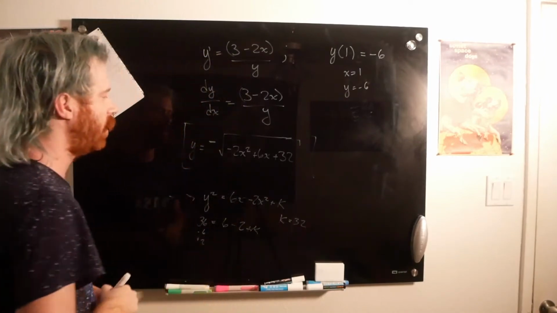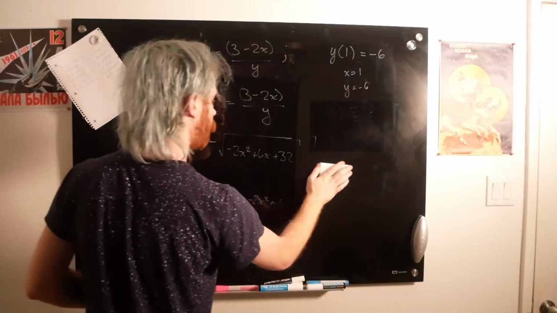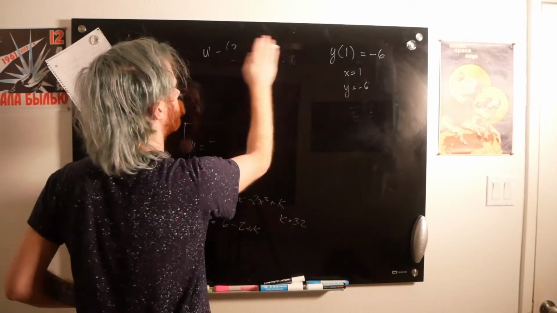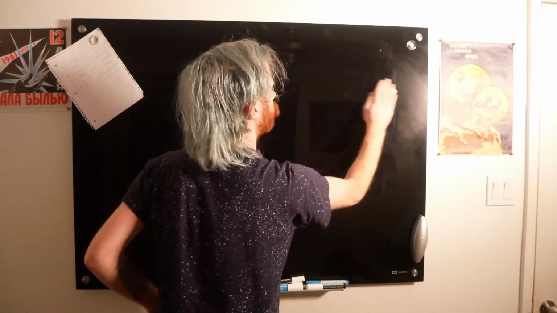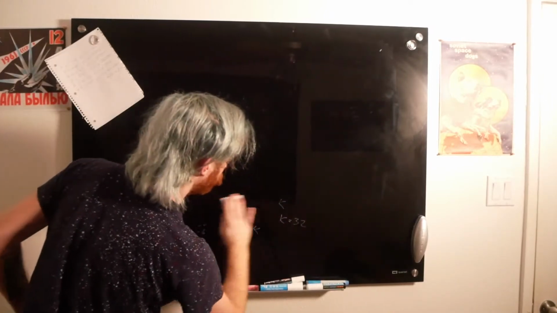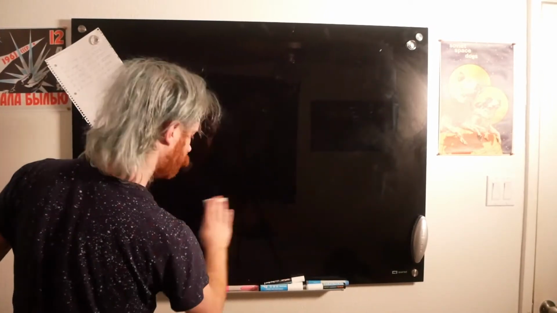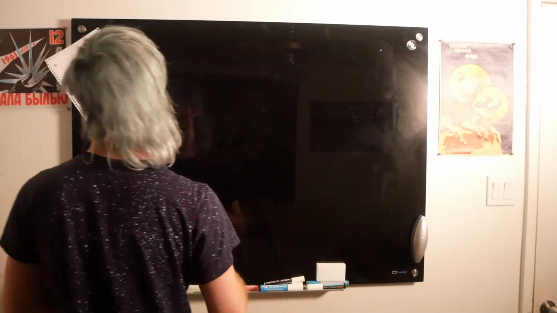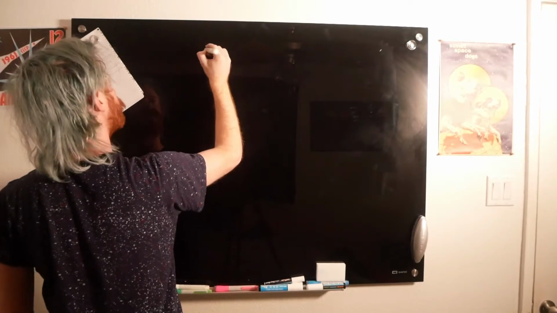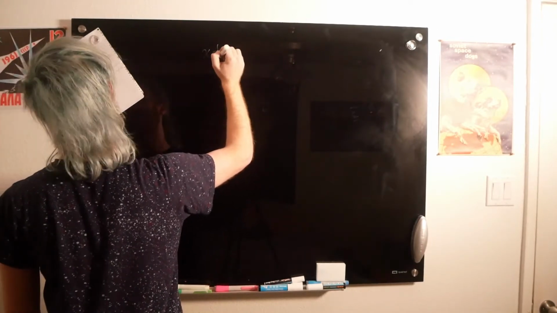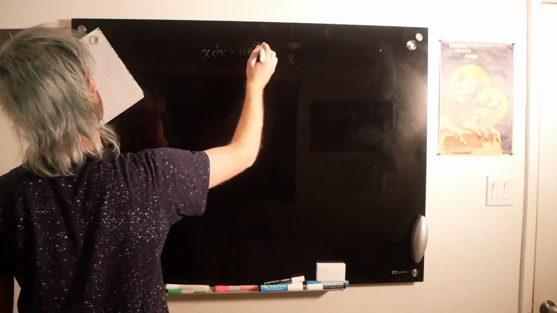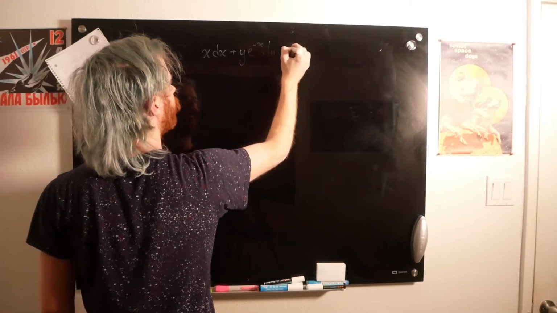And let's do another one. Okay, so this one is already kind of set up for us. x dx plus y e to the negative x dy equals 0.